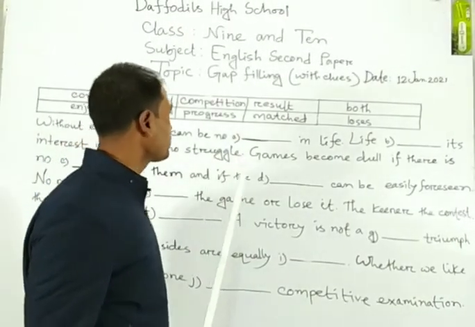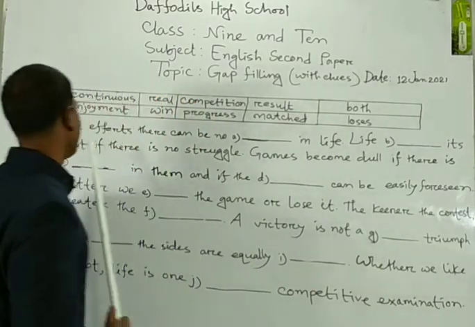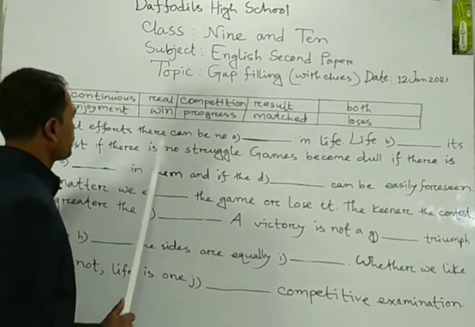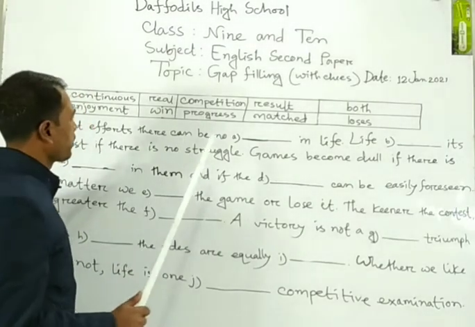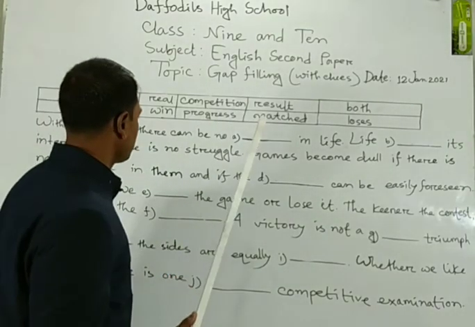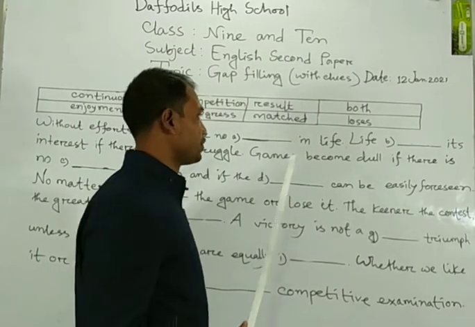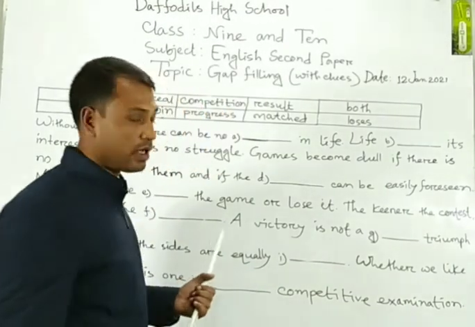Result, it means falafal. Both means ubhoy. Enjoyment, আনন্দ বা উপভোগ. Win, লাভ করা, জয় করা. Progress, উন্নতি. Matched, মানানসই. Loses, হারা বা হারানো.